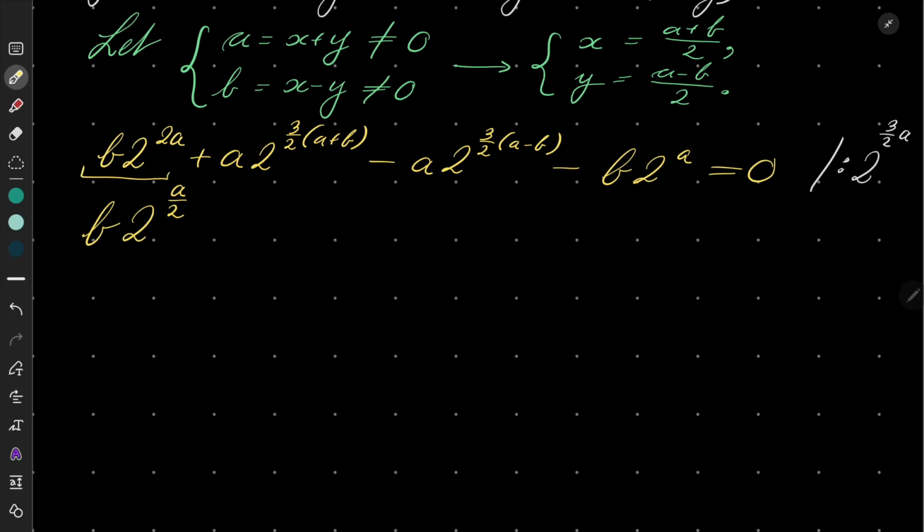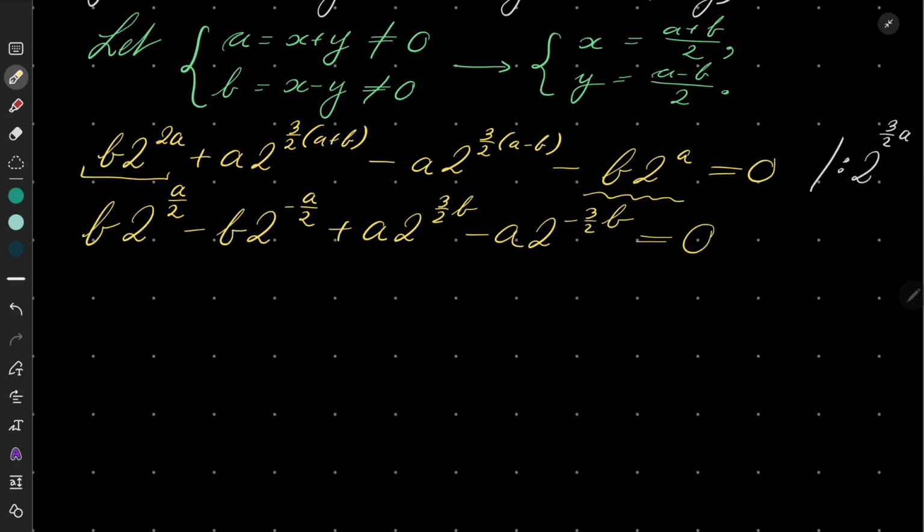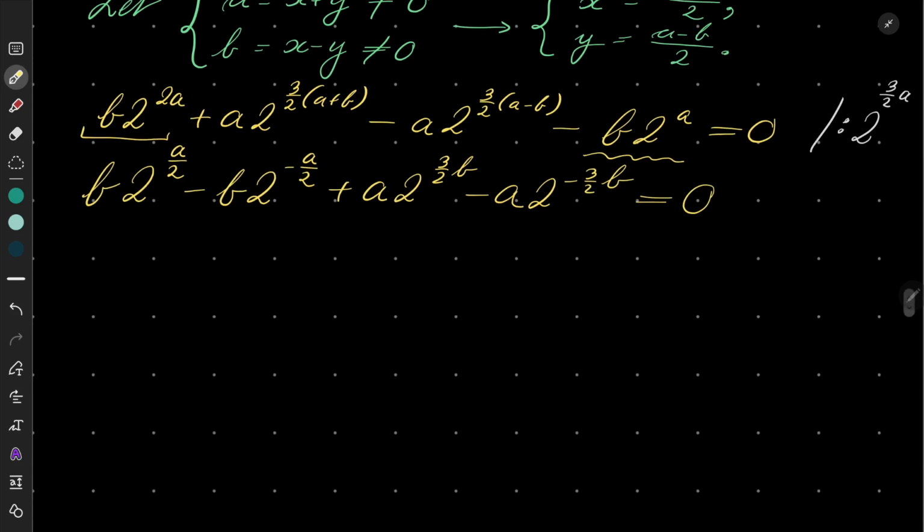This term is b times 2 to the power a over 2, and this term is b times 2 to the power minus a over 2 after our division. Here we have plus a times 2 to the power 3 over 2 times b, minus a times 2 to the power minus 3 over 2 times b. And that equals 0.